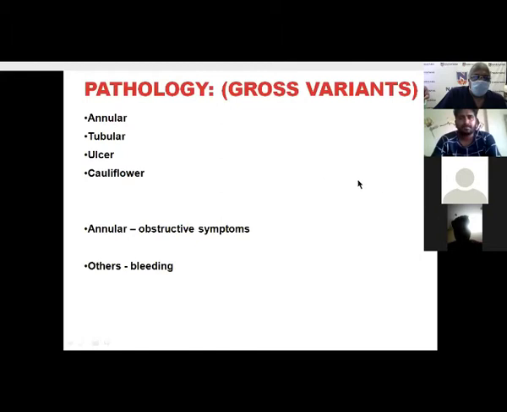Next comes the tubular, which extends more than 2 centimeters. Then a pure and simple ulcerated one, which is more prone to earlier infiltration into the various layers of the colon, also the extracolonic area. The other one is a cauliflower, an exuberant growth inside the lumen. The annular one causes the obstructive symptoms.